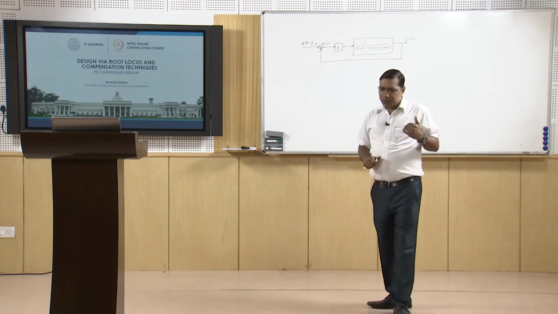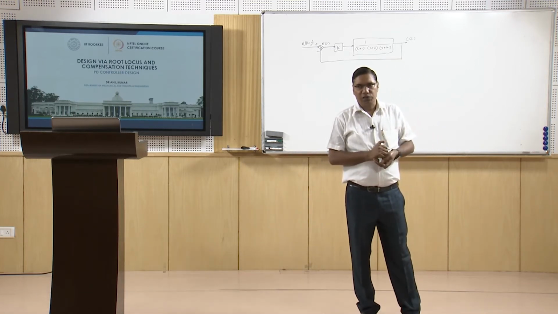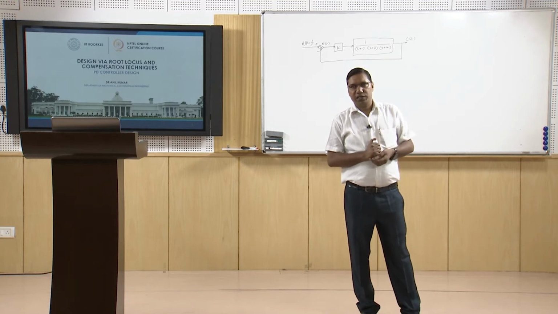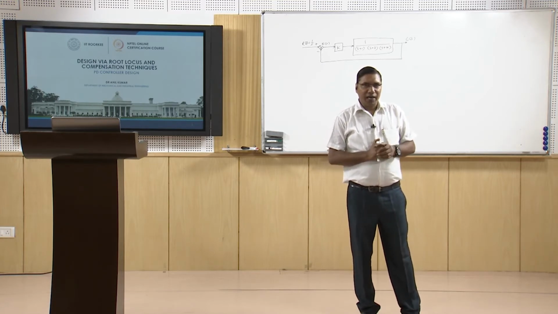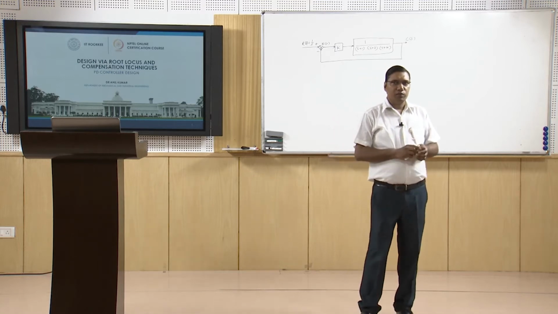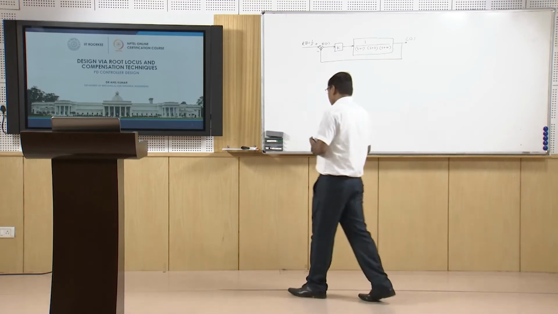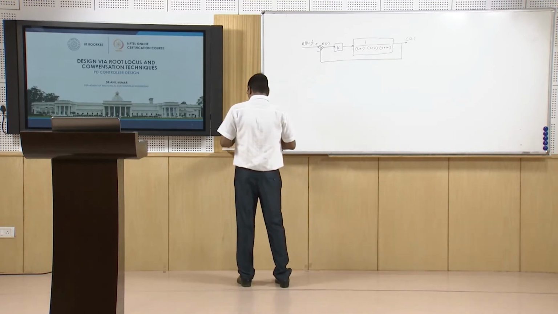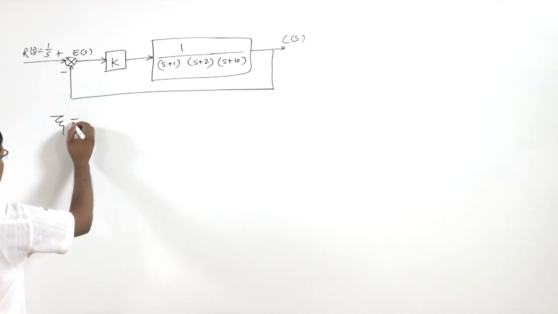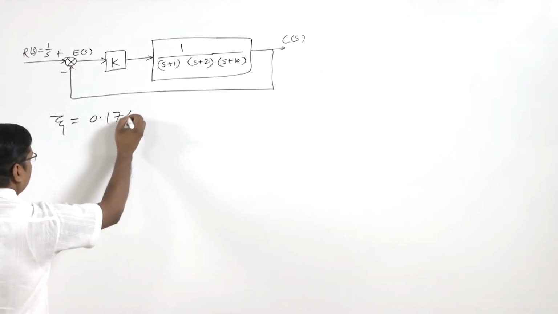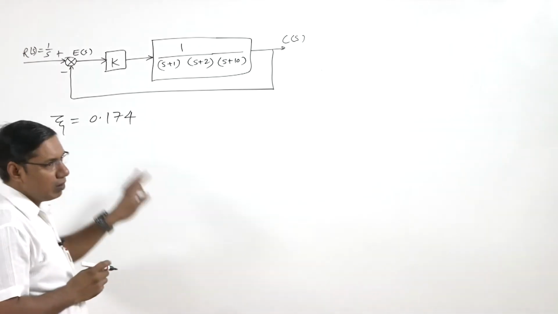Now we want to design this system for zero steady state error, and at the same time we want the transient response of the system to remain for damping equal to 0.174.